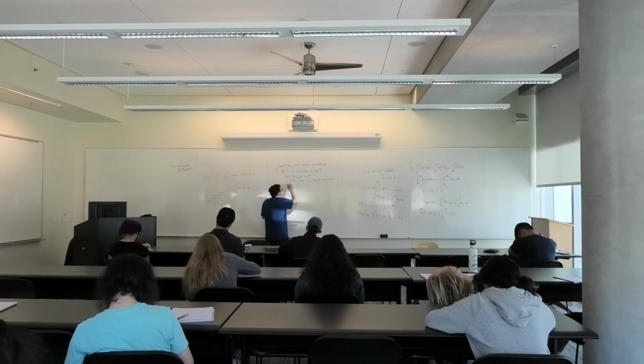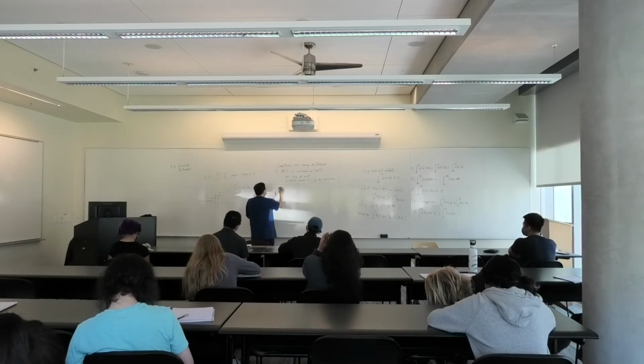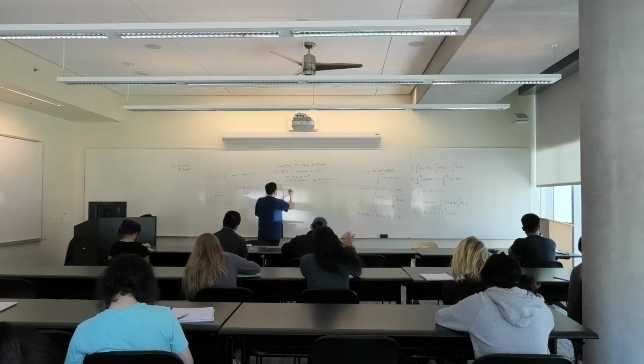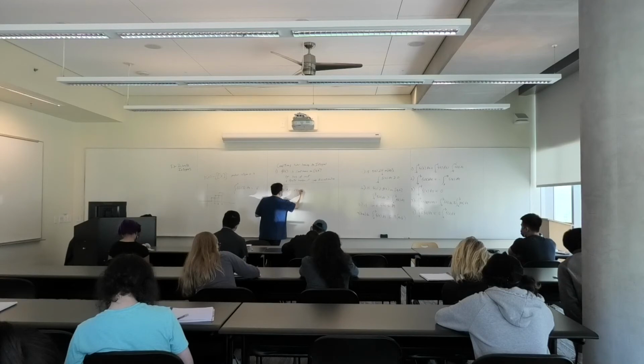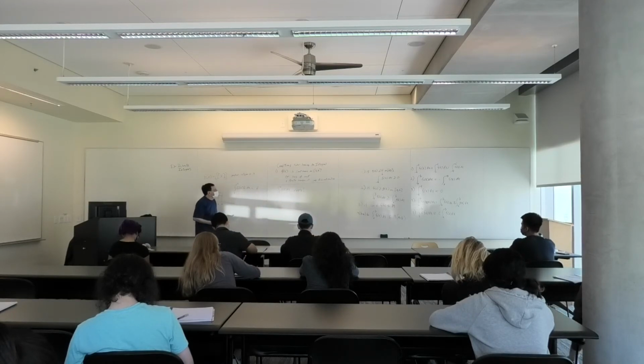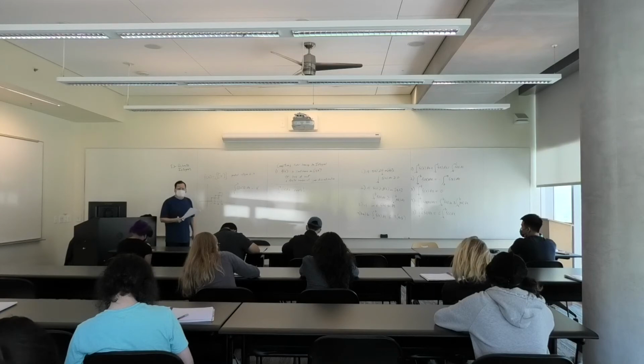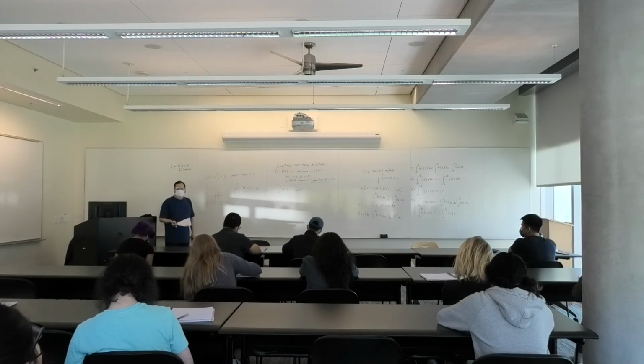That's actually the only condition. If this is the case, then the integral from a to b of f of x dx exists. So that's the condition you have to be concerned about. This is a little different from a derivative, right? You can't have a derivative at a jump discontinuity.